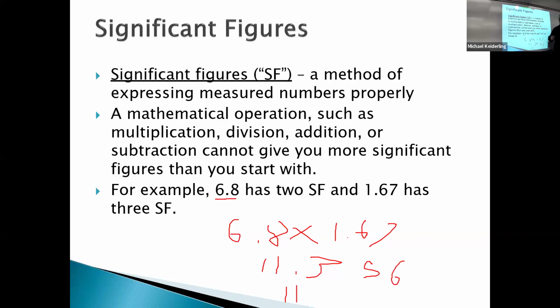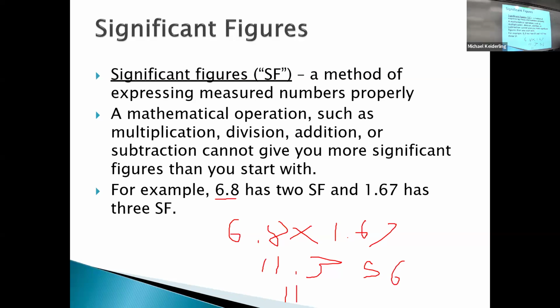But that would have 5 significant figures, and you can't have more significant figures than you started with. So the worst of your inputs was 6.8 with 2, so we have to round this to 2 significant figures. We would round it to 11.